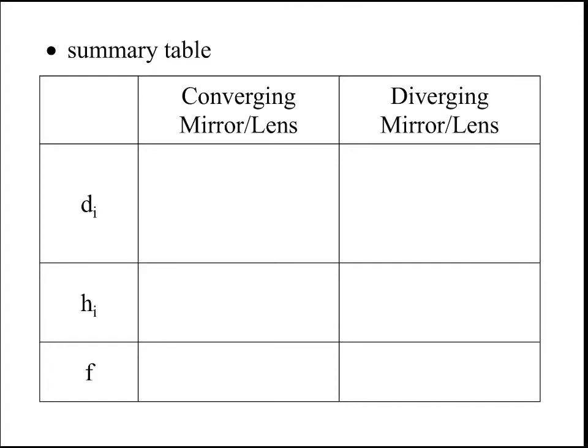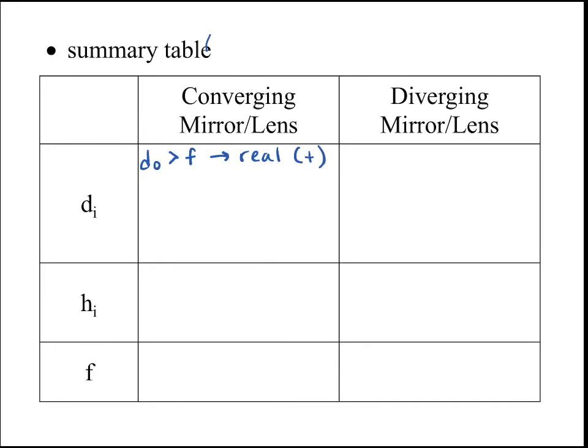okay? So what about di, the distance of the image to the mirror or the lens? All right, well, with a converging mirror or lens, we had 3 different possibilities. So what if the object was placed further away than F, the focal point? That got us a real image, okay?